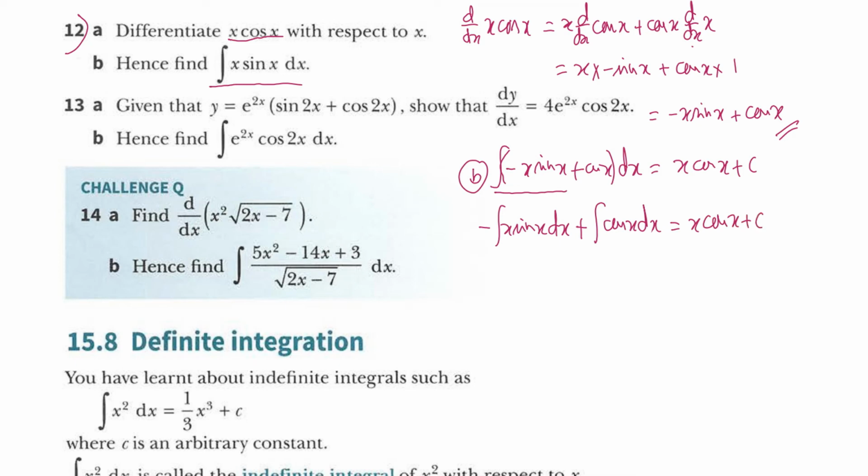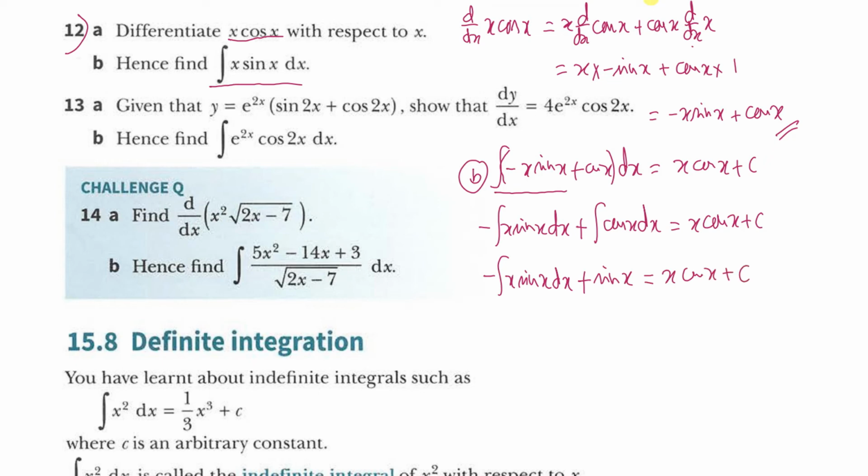So we are going to make x sin x dx the subject. If we integrate cos x, we would get from there sin x, positive sin x. Then on the right side it is written here x cos x plus c.